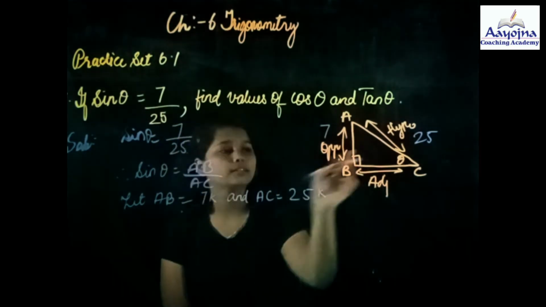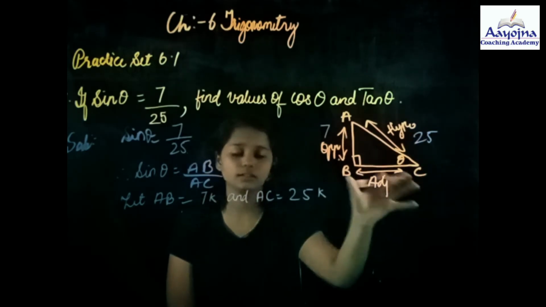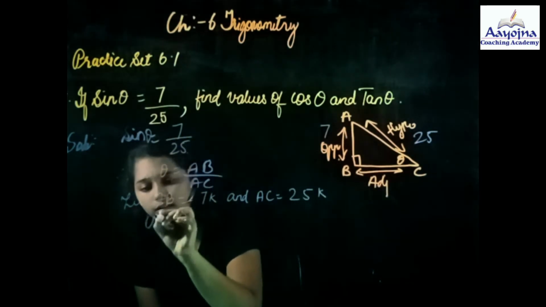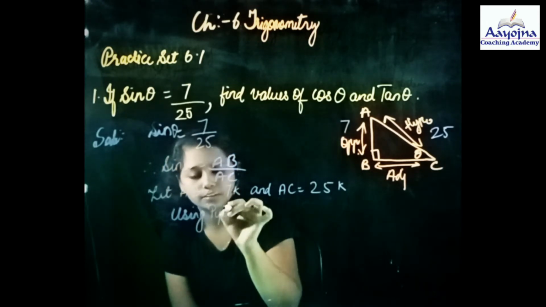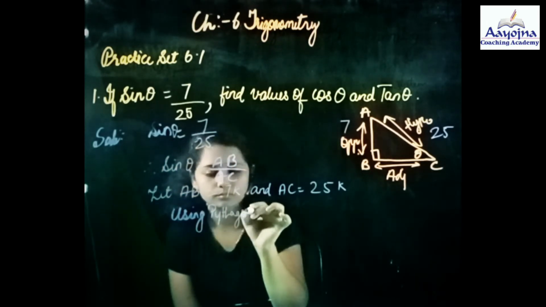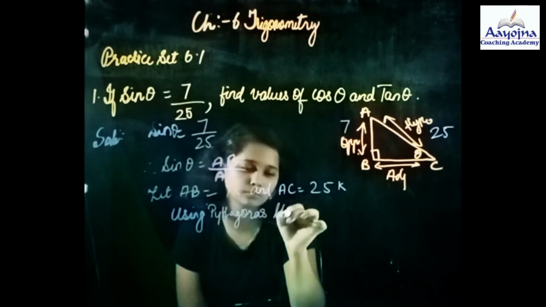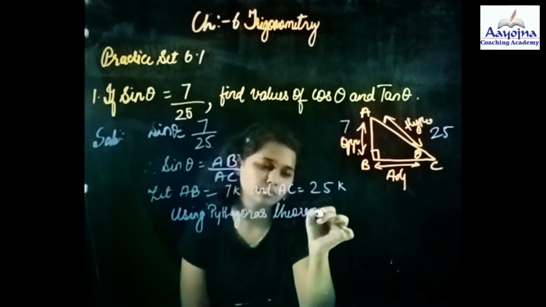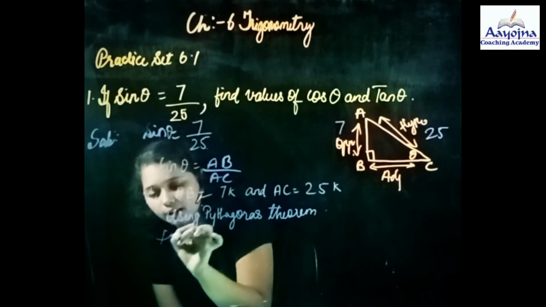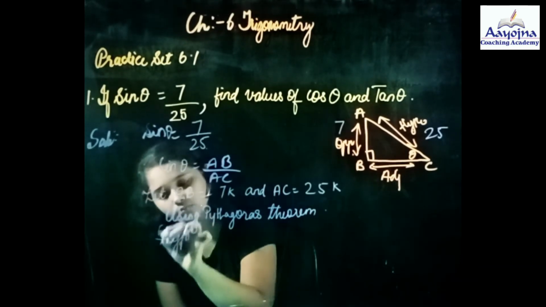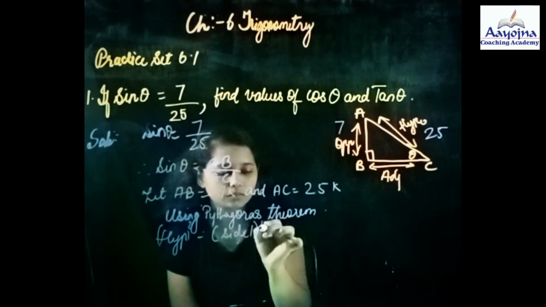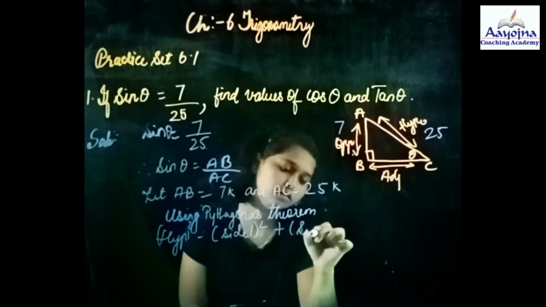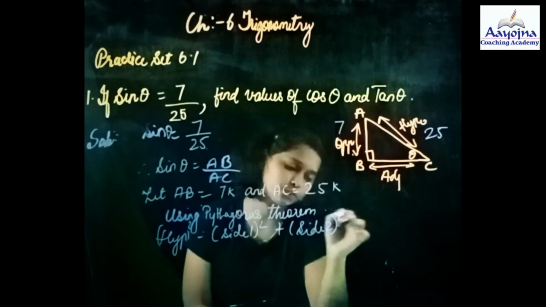Now we know that these two sides are given, we need to find the third one. So using Pythagoras theorem, hypotenuse square is equal to side 1 square plus side 2 square.